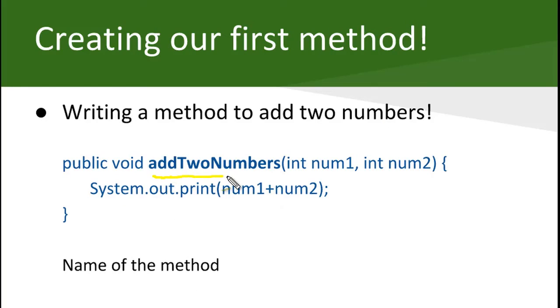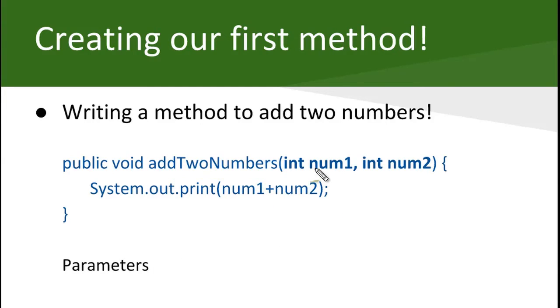Now coming to the coolest part of the method, the name of the method. We have named our method add two numbers. So this is the name of the method. Next are the parameters, or the arguments, these are also called arguments.